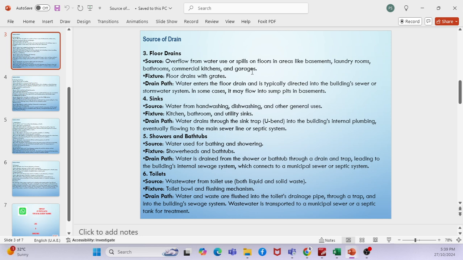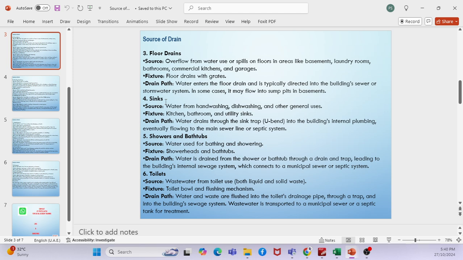Whatever the spillage of the water, it will be wiped through the floor drain, right? And if you go to the kitchen area, you have a floor drain. If you go to a balcony, it is similar to the floor drain, but you can call it a balcony drain, right? Whatever the spillage of the water, it will be discharged to the floor drains.